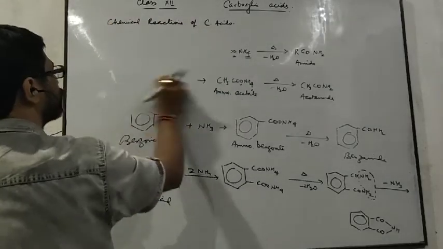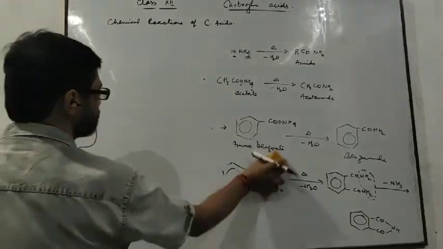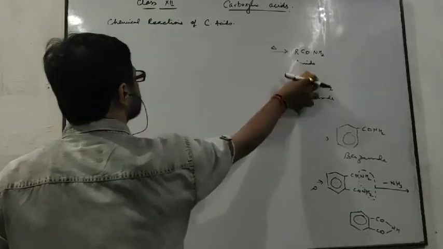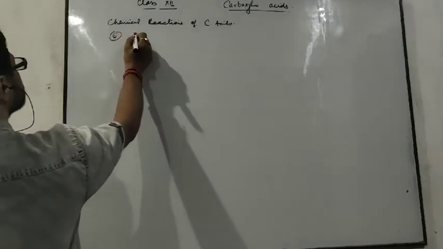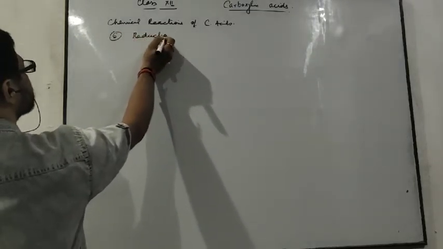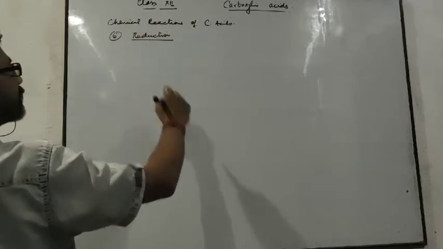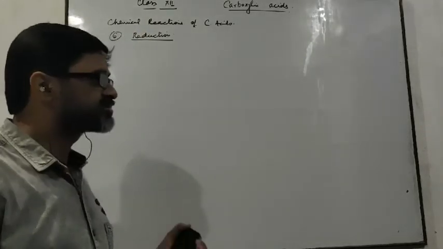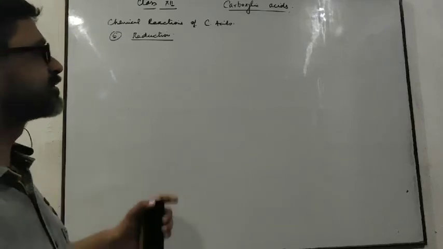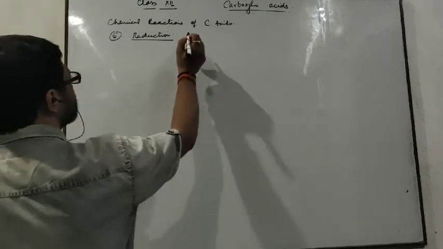This is about the fourth property shown by carboxylic acids. Now the fifth reaction shown by carboxylic acid is reduction. Oxidation does not take place by carboxylic acids. Oxidation reactions are not shown by carboxylic acids, but reduction takes place.